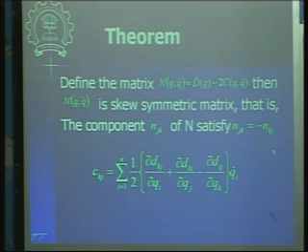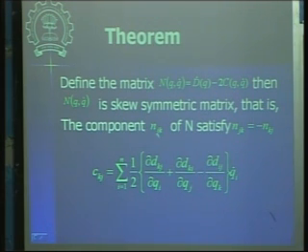Okay. So to generalize these results, we have this theorem. You define this matrix N, which is D dot minus 2C, then N is a skew symmetric matrix.